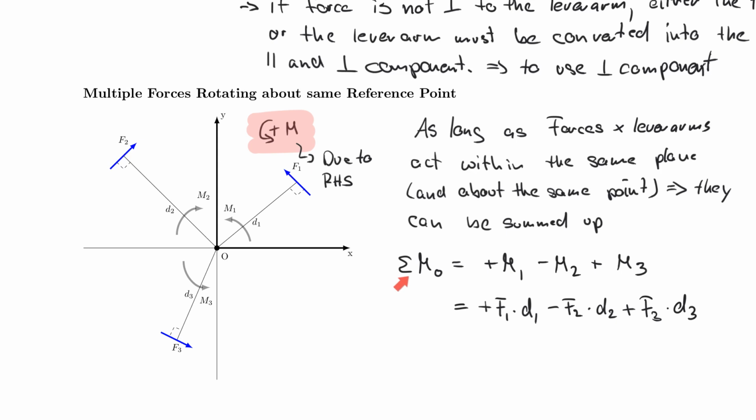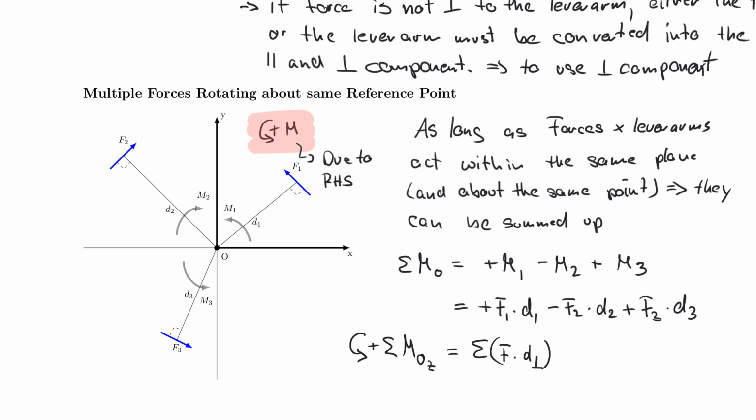We can sum them up, and we can just do the mathematical sum for force times lever arm. So really what you will see later on is that the sum of the moments about a point O, and since we're talking about 2D, it will always be about the z-axis, is equal to the sum of F times D perpendicular. And of course, we define counterclockwise positive because that's mathematically correct.